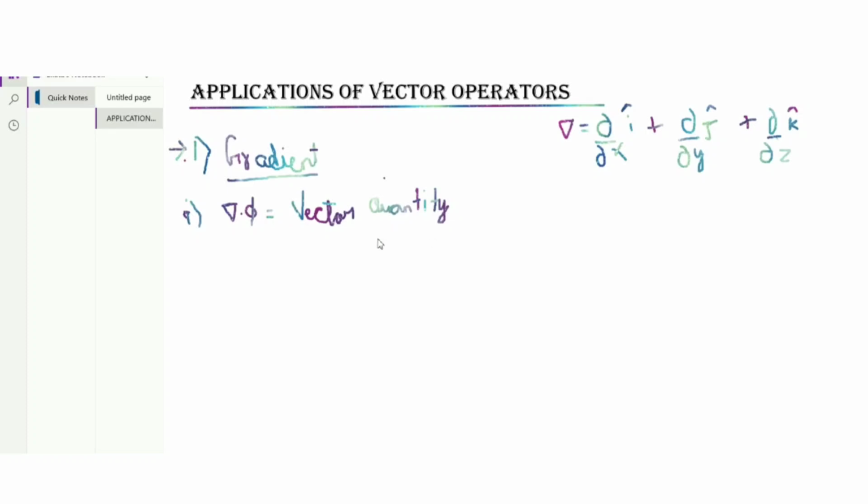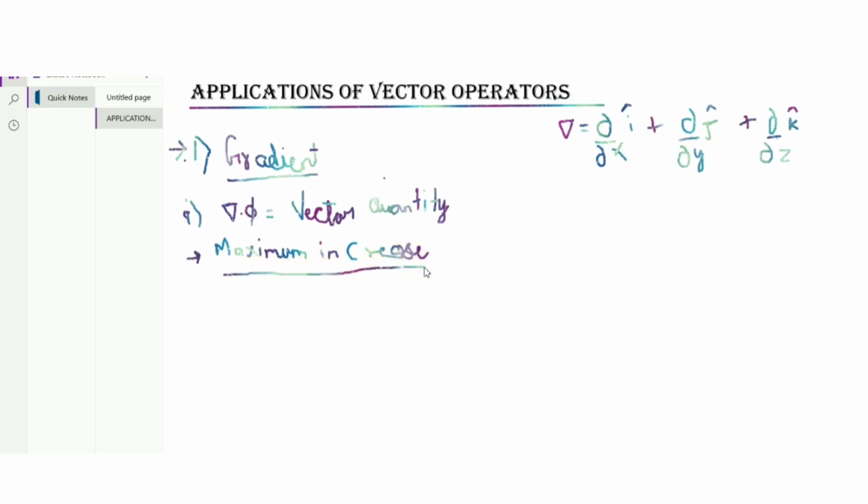Yes, it has direction. Now comes the real game. The direction of this vector is in the maximum increase of that scalar function.